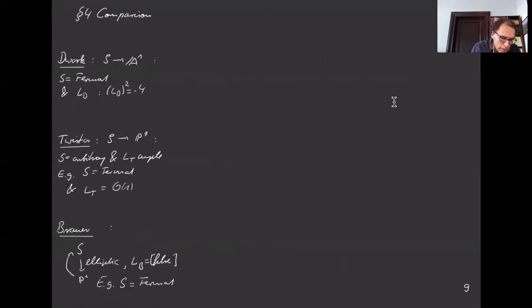Okay, so let me recall the Dwork pencil. It was a family of K3 surfaces over A1 with 4 mildly singular fibers. Let's not discuss this. We started with a K3 with a Fermat quartic that came with a line bundle LD of square 4. And this is a projective family.